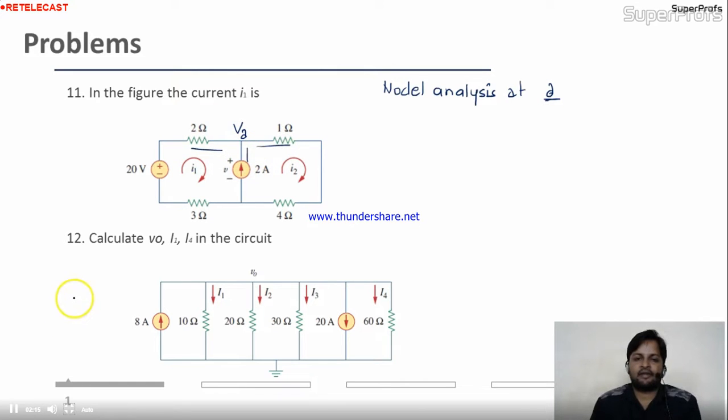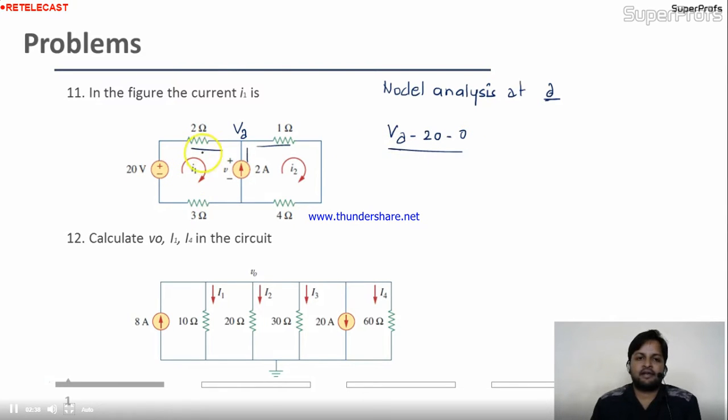The first current is this: (VA minus 20 minus 0) divided by 2 plus 3. VA minus 20 minus 0, this 0 is the ground. We'll start from VA and go to the ground, okay?